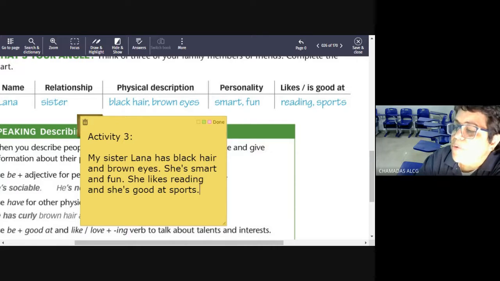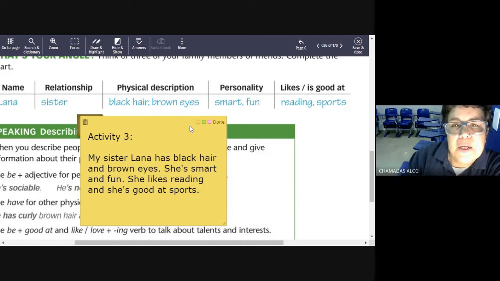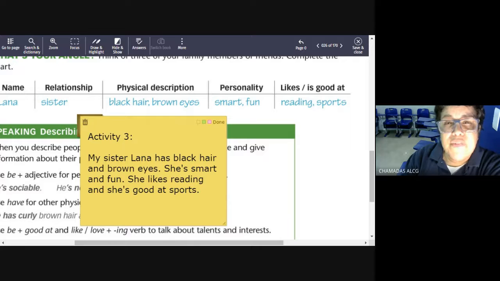All right, people. So reading again. My sister Lana has black hair and brown eyes. She's smart and fun. She likes reading and she's good at sports. Okay? So try to describe a member of your family in the same way.